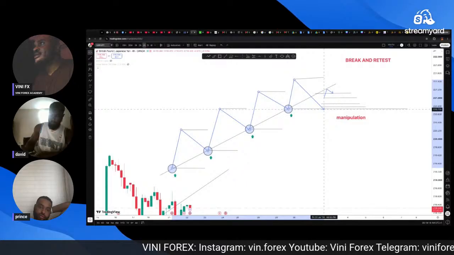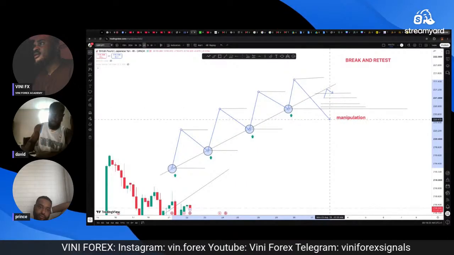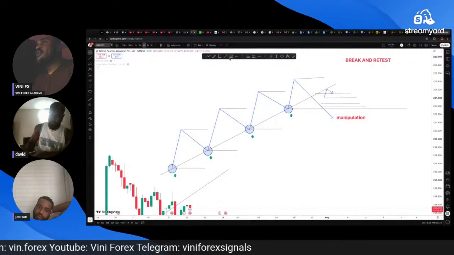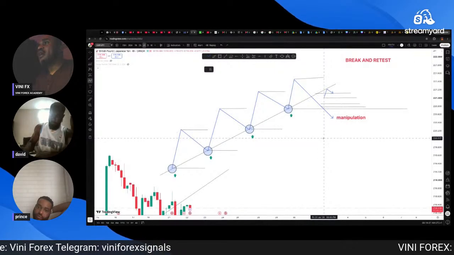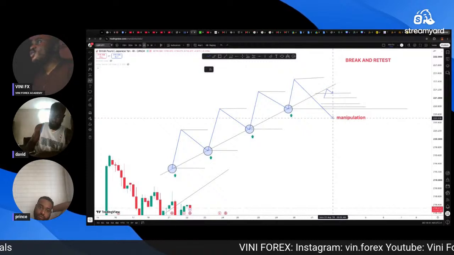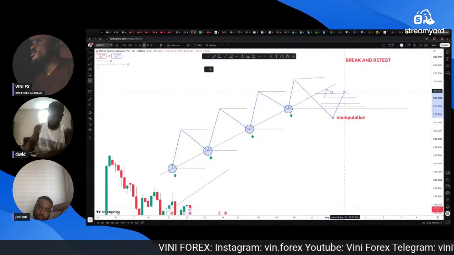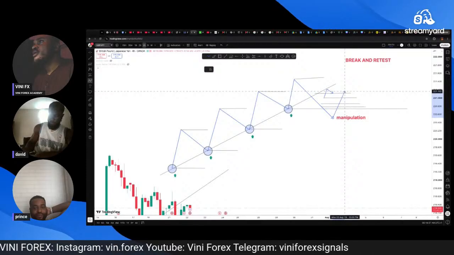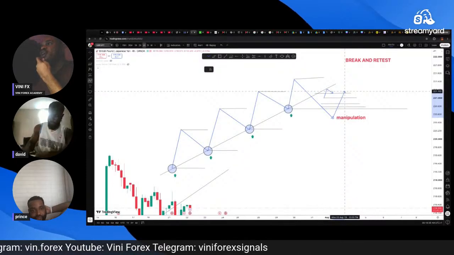That is your first sign that you are getting your downtrend. You do not rush and join. And then the market will still come up again to give you a lower high.